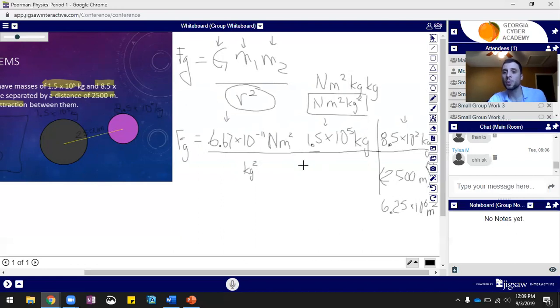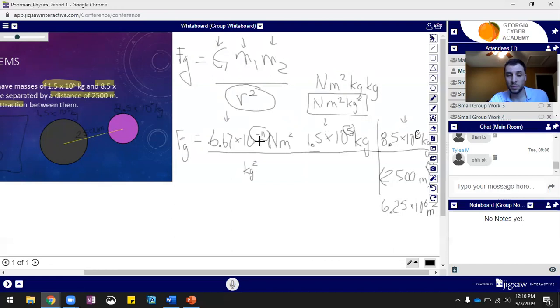Remember, when we're multiplying scientific notation numbers together, we have to first make sure that they're all on the same base. In this case, it's base 10, right? And then we just have to add all the exponents together. So that's negative 11 plus 5 plus 2.